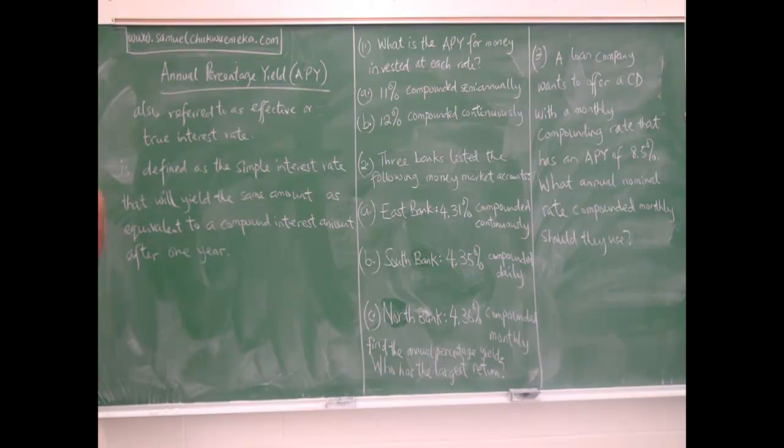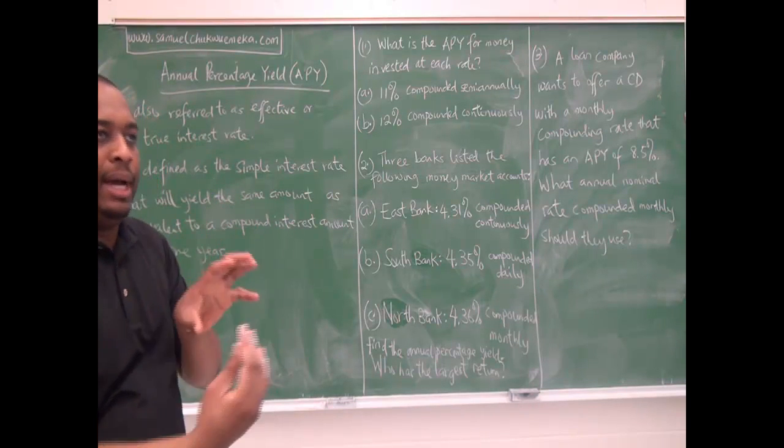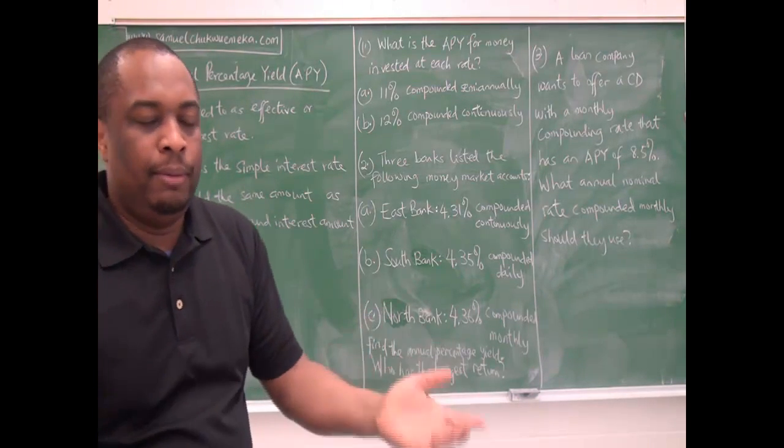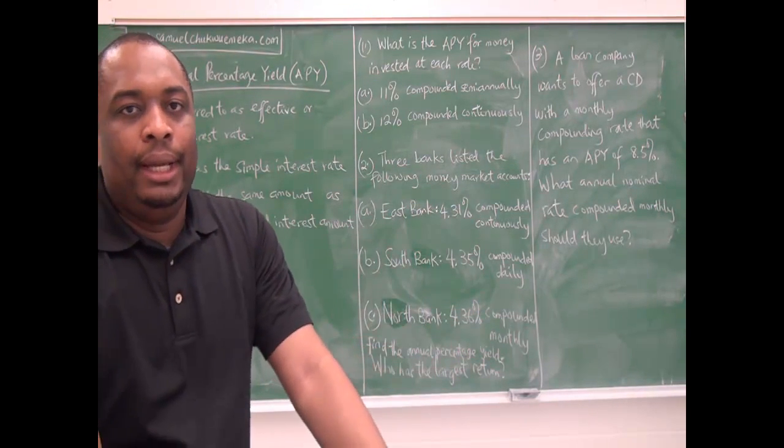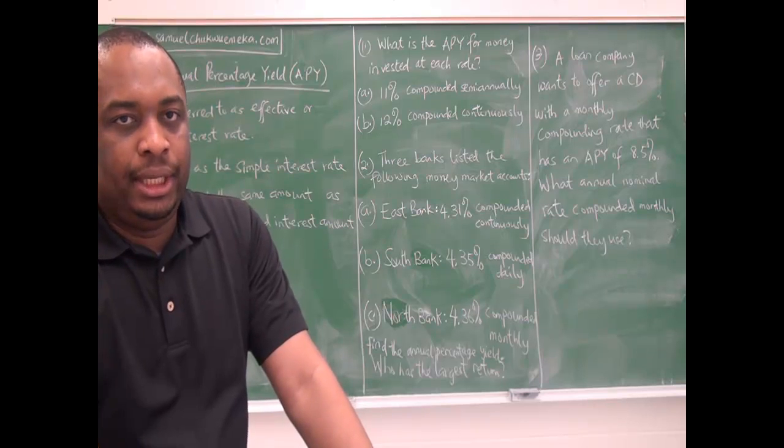So that simple interest rate that will yield the same amount when compared to a compound interest rate amount after 1 year, that is what we call the annual percentage yield.